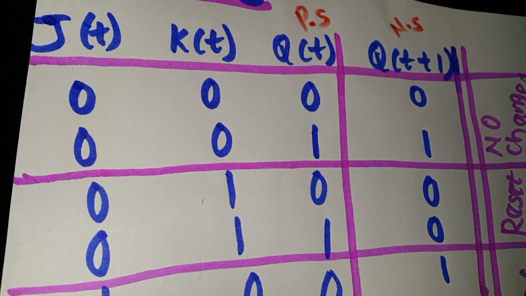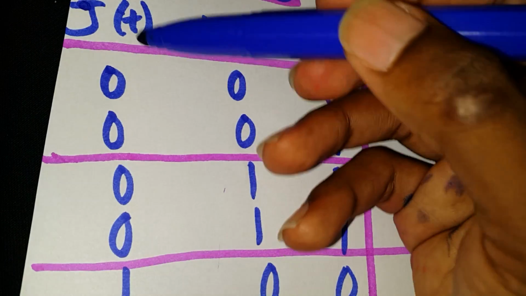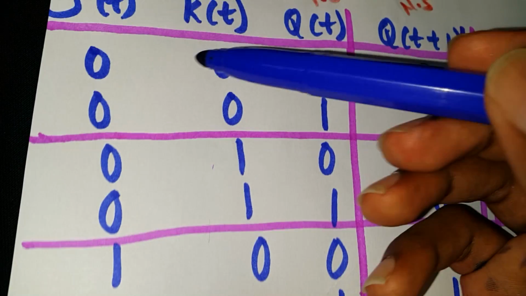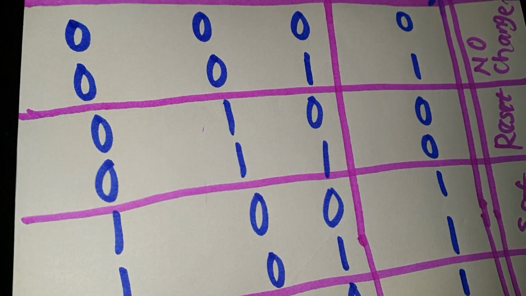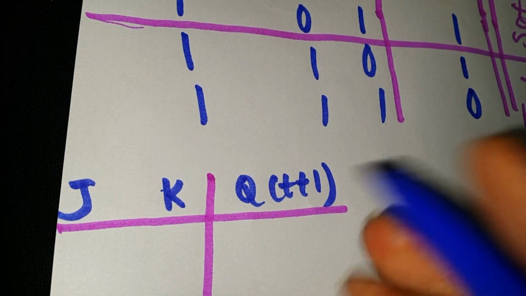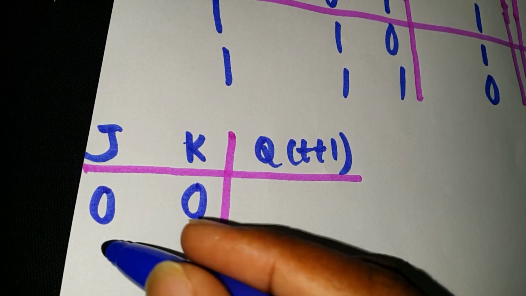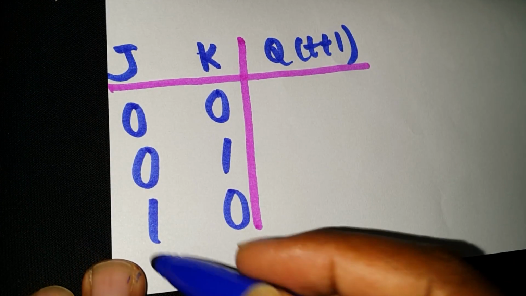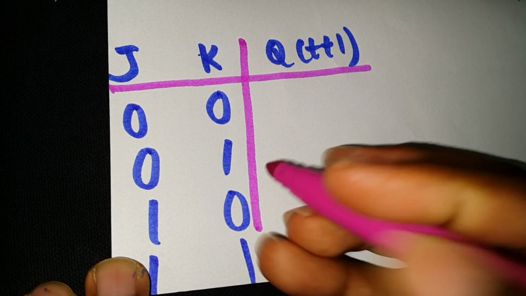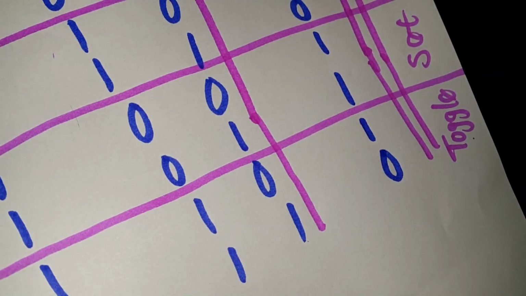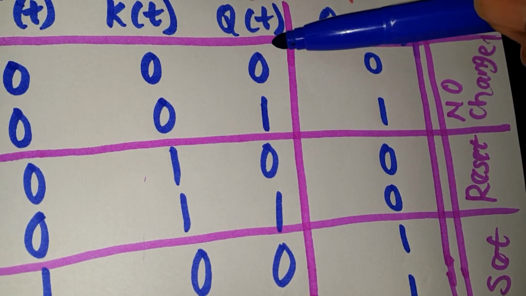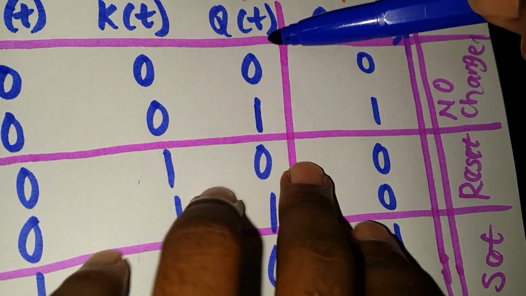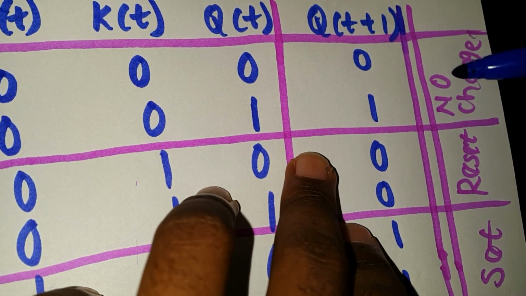As you can see, in this block we have 0, 0. We have 0 in this block, so we have 0 here, 0, 1, 1, 0, and 1, 1. So here, in this block we have no change.